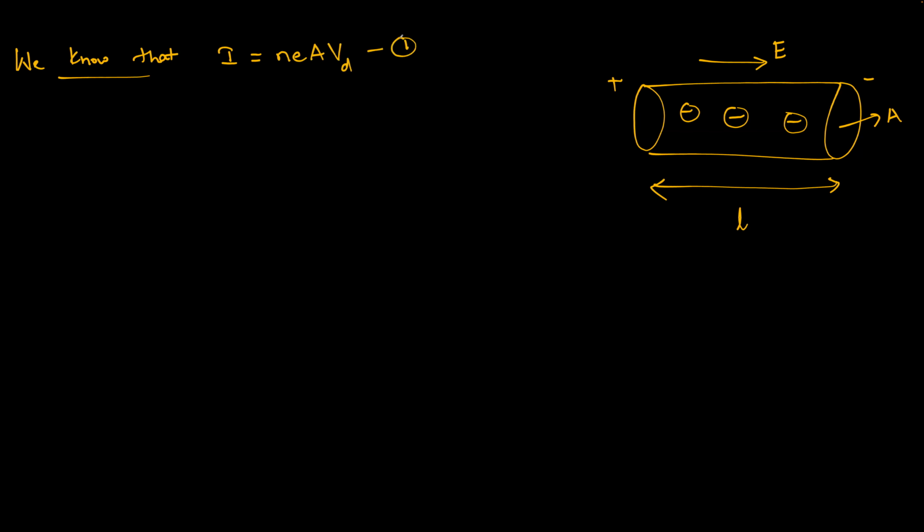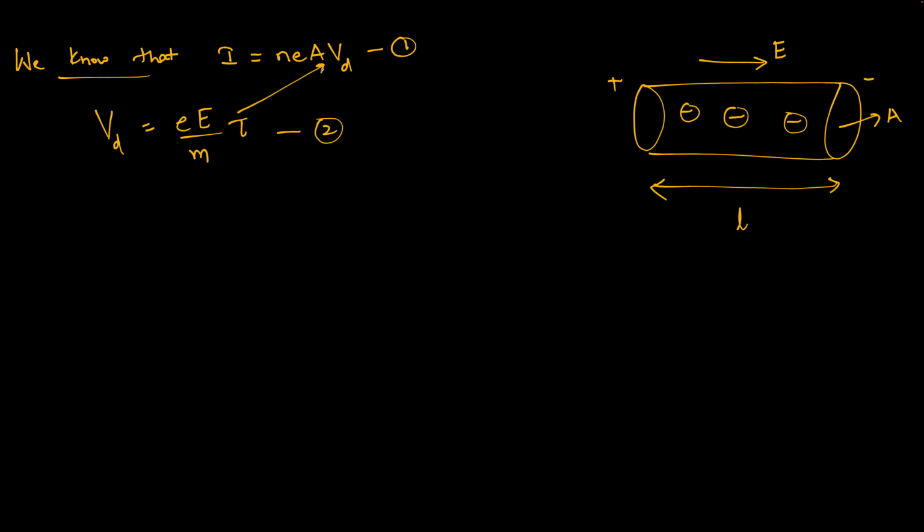But what do we know about drift velocity? We know that drift velocity is equal to small e into capital E divided by m into tau. Let this be the second equation. I'll take this expression and plug it here. I didn't put a minus sign here because I'm only concerned about magnitude.